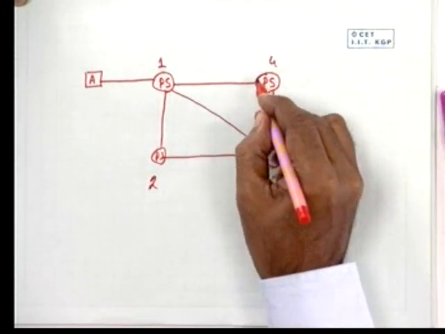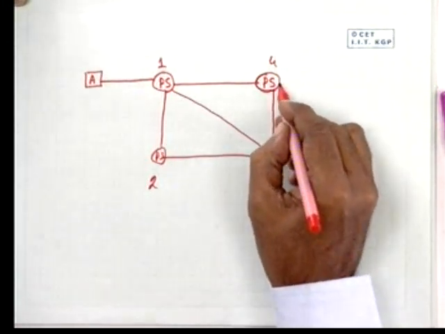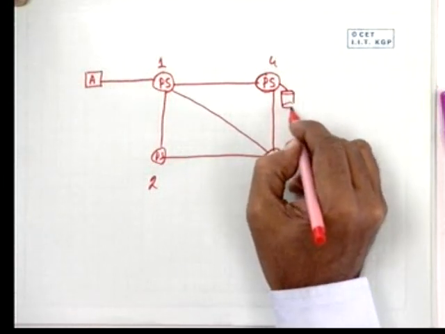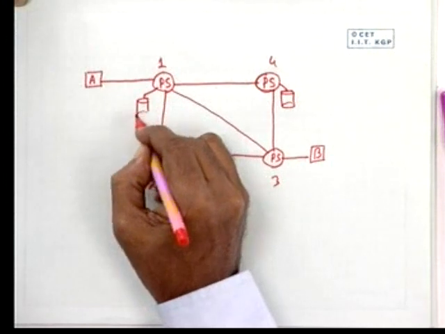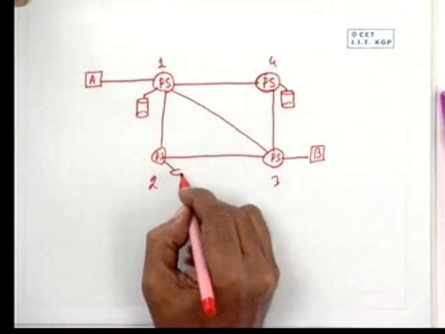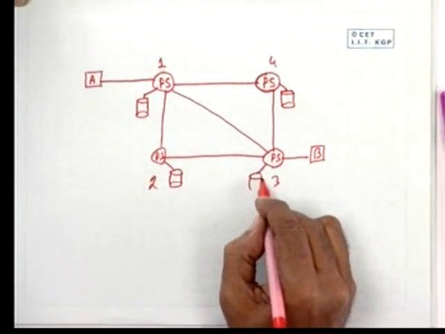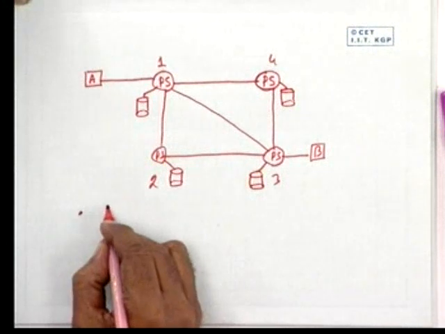And like message switching nodes, here also each node is provided with storage facility, because we use the same basic concept of message switching, store and forward.